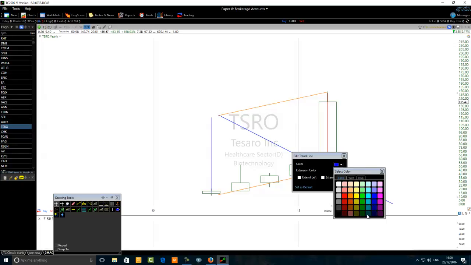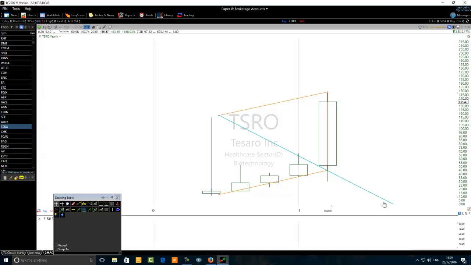We're going to color it turquoise now. So that's the turquoise diagonal there. As you can see, after the distortion or abnormal price action, the price has a high chance to pull back all the way to retest this line here.